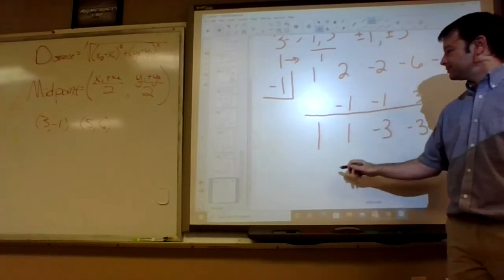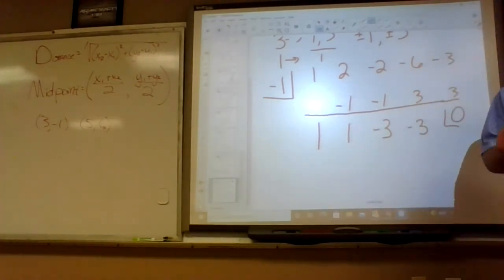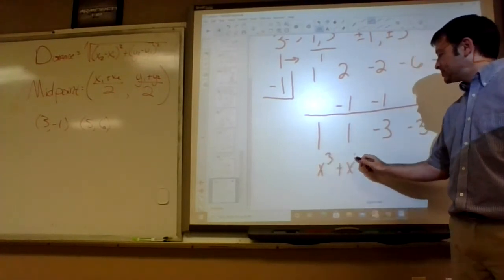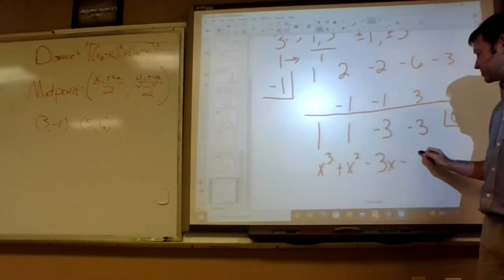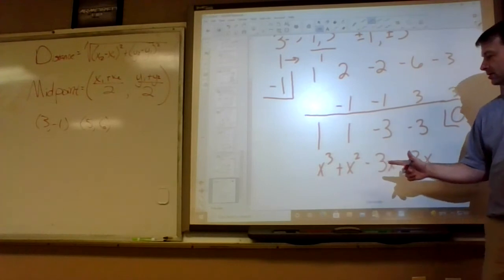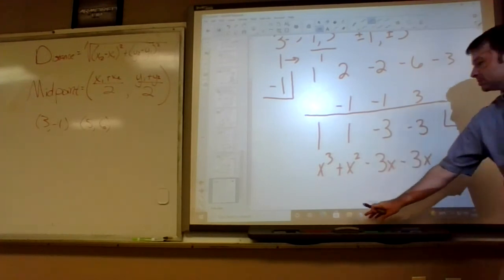So what I've got so far is this. I know 1's not an answer because it wasn't an answer in the first thing. Negative 1 though could be a double root, so I need to check that again.